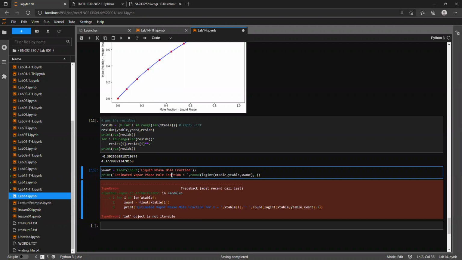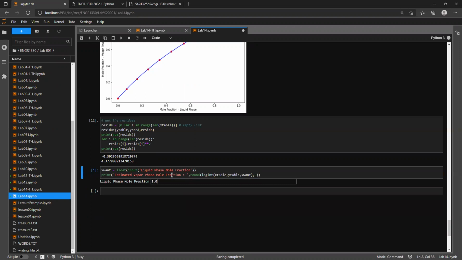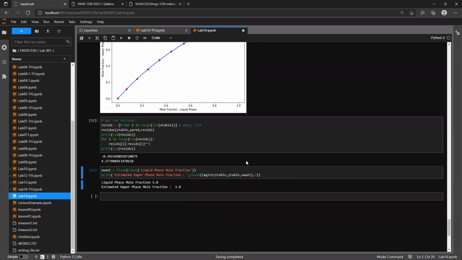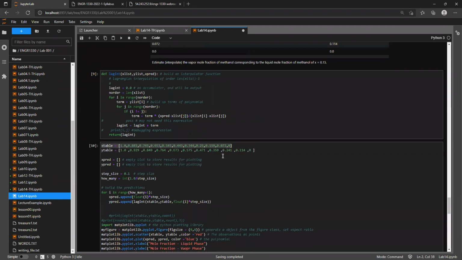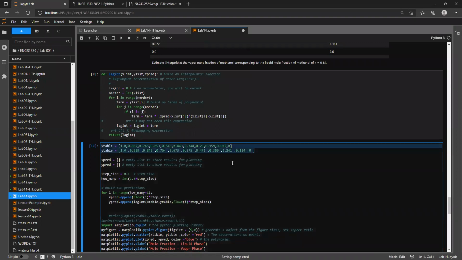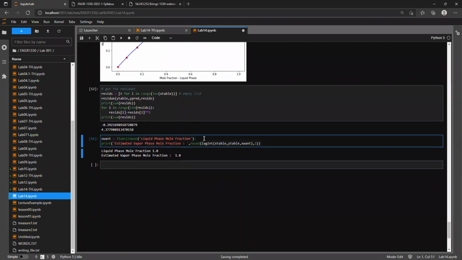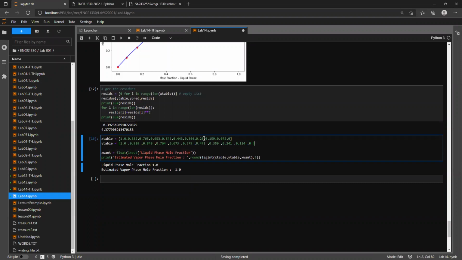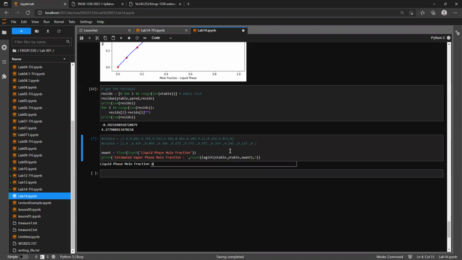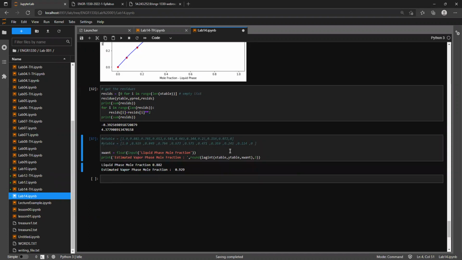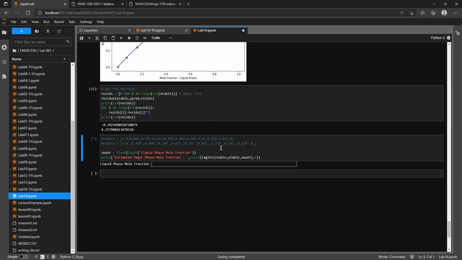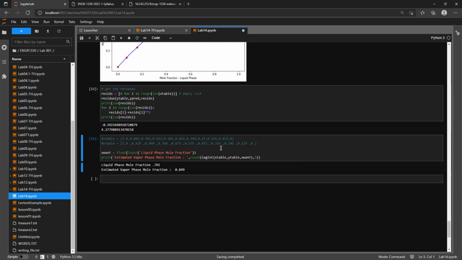Pal. Let's start with 1. We get 1.0. I'm going to bring these down so I know what to go through. 0.882, 0.882, and we get 0.929. 0.765, we get 0.849.